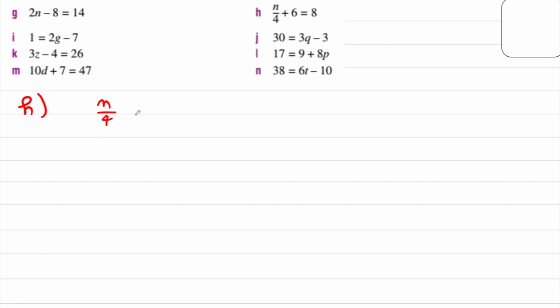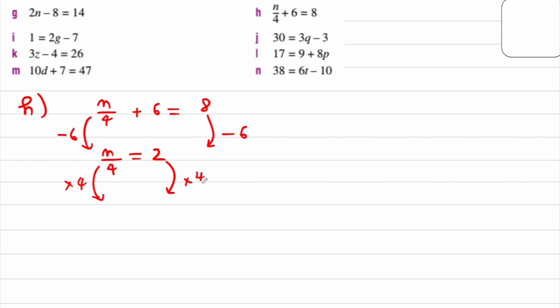n over 4 plus 6 equals 8. Minus 6 for both sides: minus 6 for left, minus 6 for right. n over 4 equals 2. Multiply by 4 for left and multiply by 4 for right.